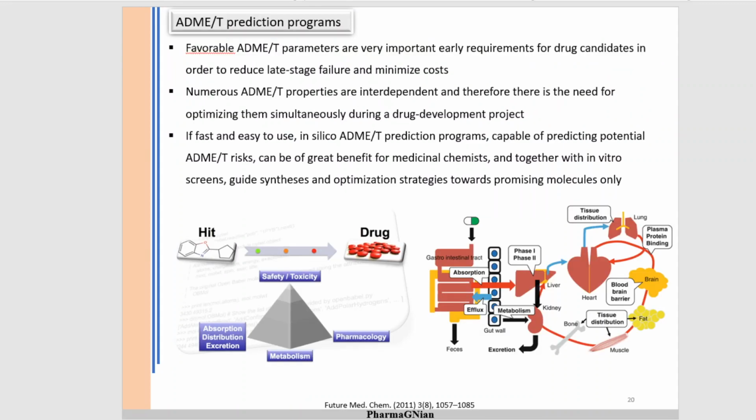The next technique is ADMET prediction programs, and you know that it is a very important requirement for a candidate, in order to reduce late stage failure.